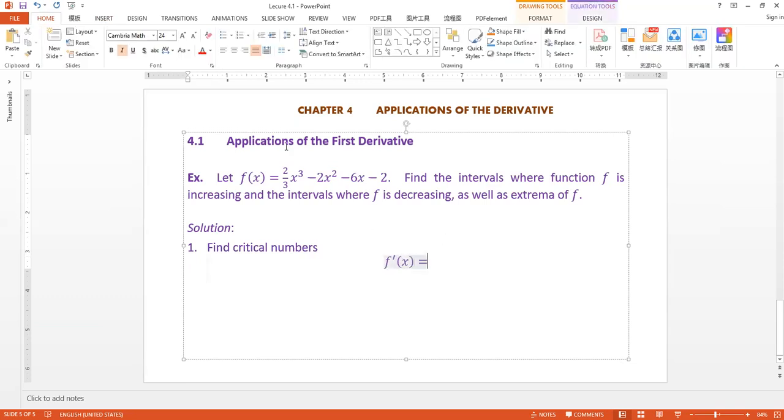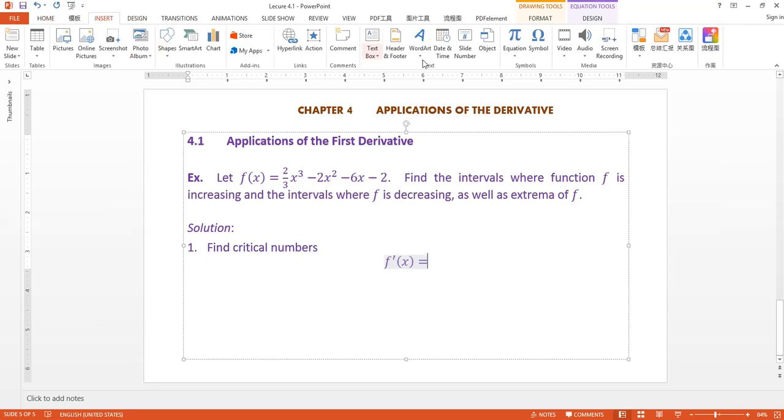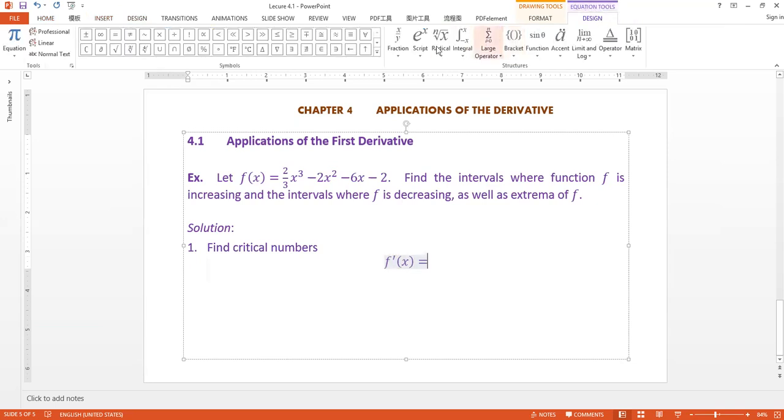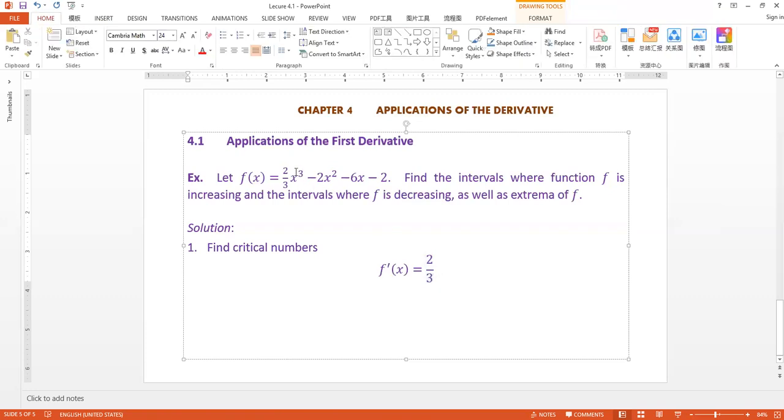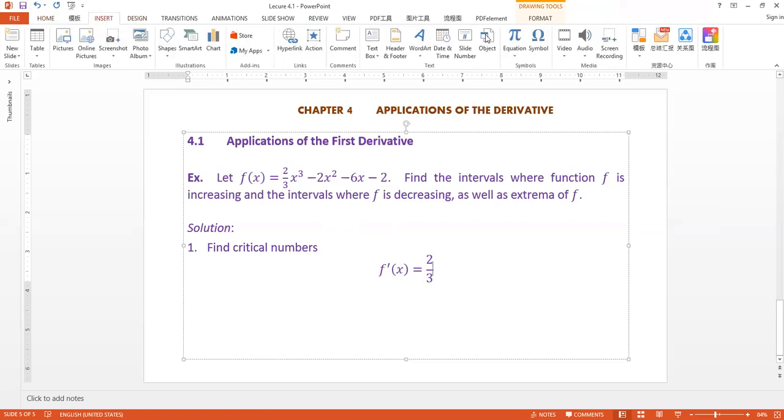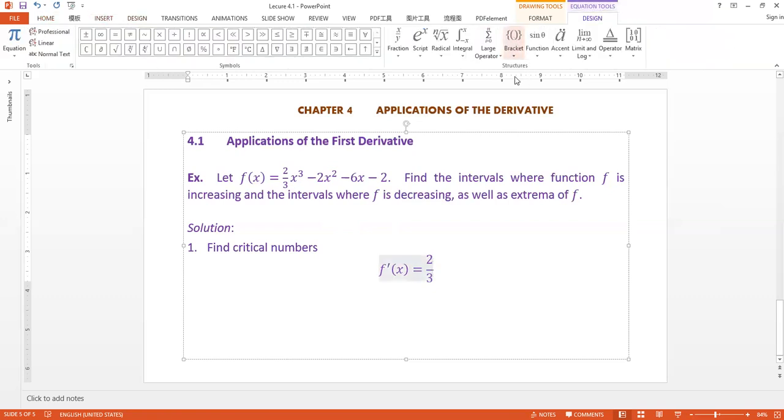So 2/3, just keep that. And the derivative of x cubed is just 3x squared. We have done that many times. So we got that.